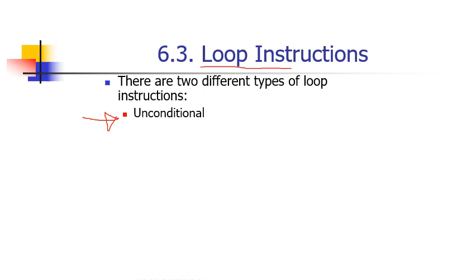And you do the looping without any condition to be checked. The second type is conditional looping. So you check a condition. If this condition is met, you go inside your loop and do the looping. Go over this piece of code as many times as you wish, as long as the condition is satisfied.